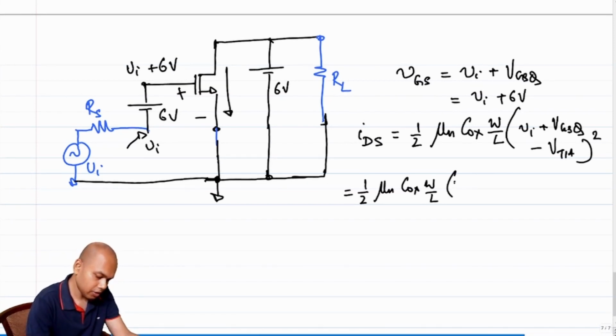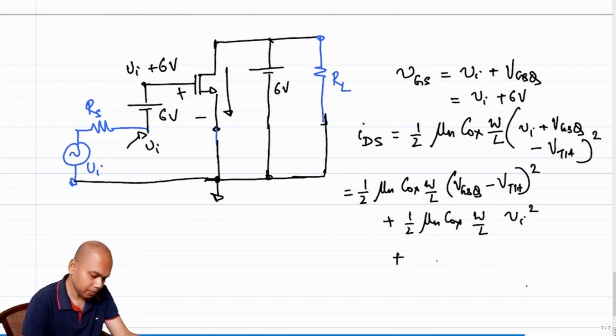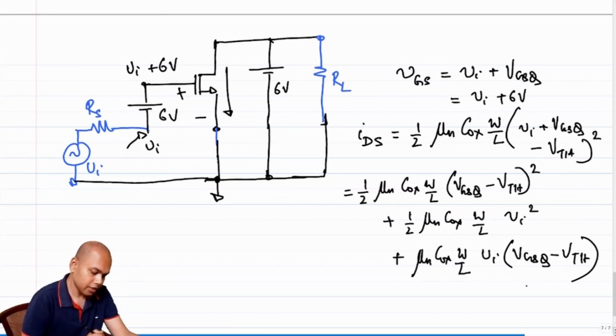So this becomes VGSQ minus threshold voltage whole squared, plus another square term, that is half mu n C ox W over L Vi squared, plus another term, that is twice into half into mu n C ox W over L. Half and 2 go off, so this becomes mu n C ox W over L Vi times VGSQ minus threshold voltage, right?